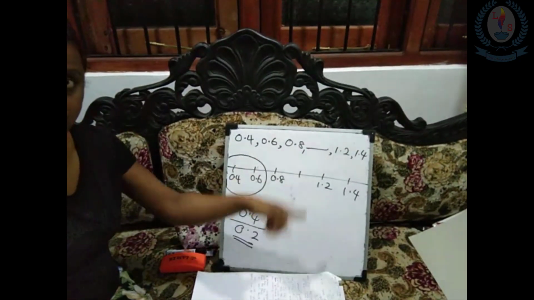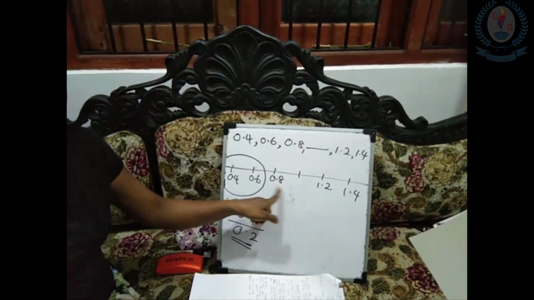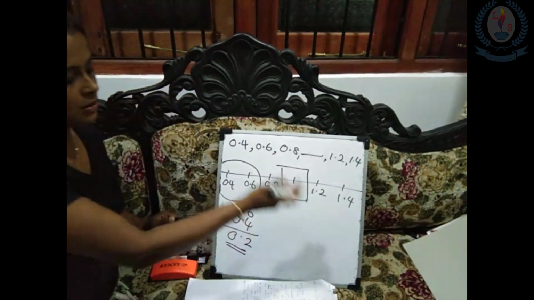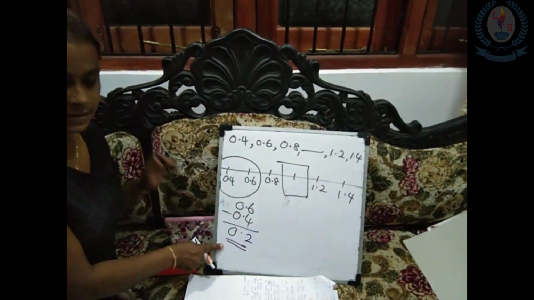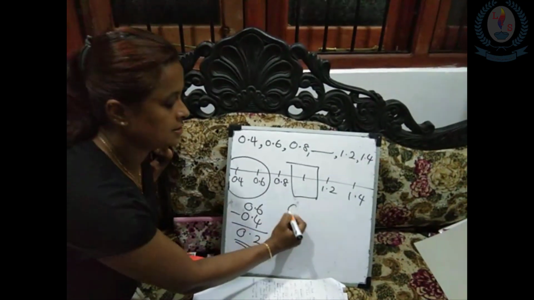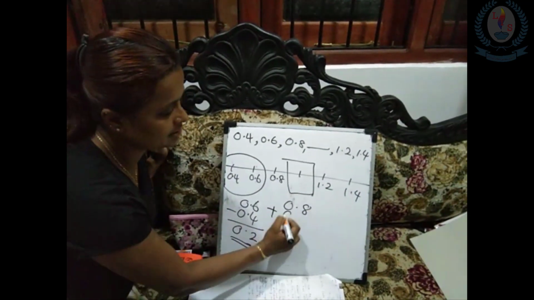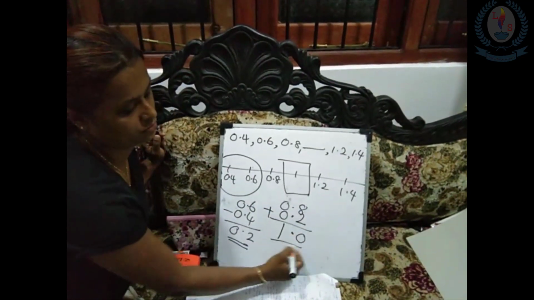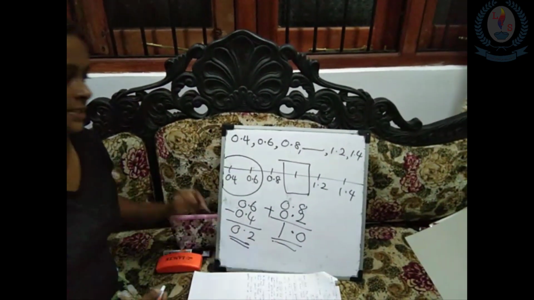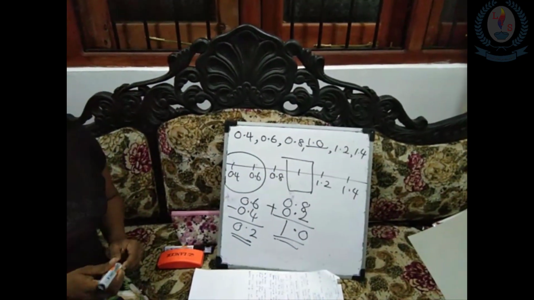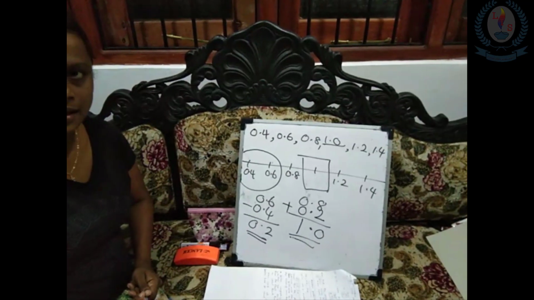As it is counting on, we have to go to the blank place. This is the blank place. So let's add this difference to the number before the blank. 0.8 plus 0.2. This is the missing number. So let's complete the number patterns like this.